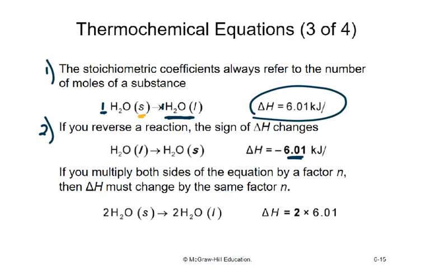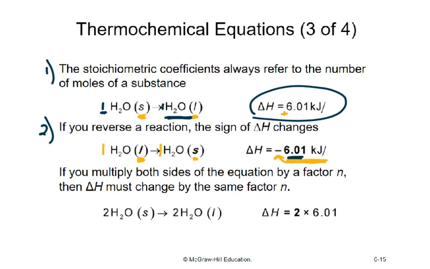Here we were melting ice to liquid water. Here we are freezing liquid water to ice. We still have 1 mole of liquid water, and we are freezing it to produce 1 mole of ice. And so the enthalpy change for this reaction has the same magnitude, the same value, but look at the sign. Here it's negative, whereas here it was positive.